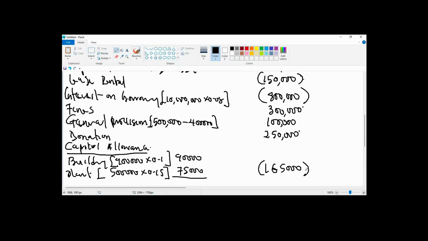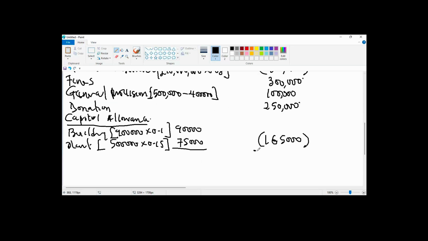That is all. I will now sum everything to get my taxable profit: 2,460,000. Then I will apply the tax rate. How much is the tax rate? 30%.